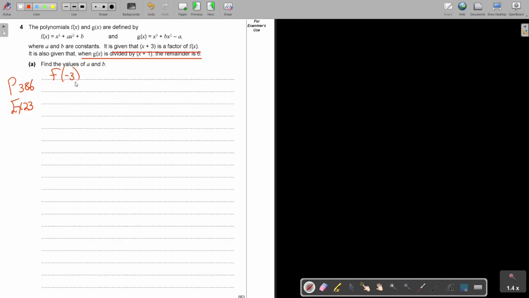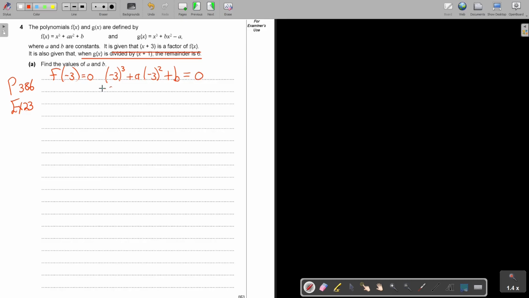This is the factor theorem, because if you substitute -3, you will get 0. So substituting -3, it's going to be (-3) to the power 3 plus a(-3) squared plus b, and that will be equal to 0.